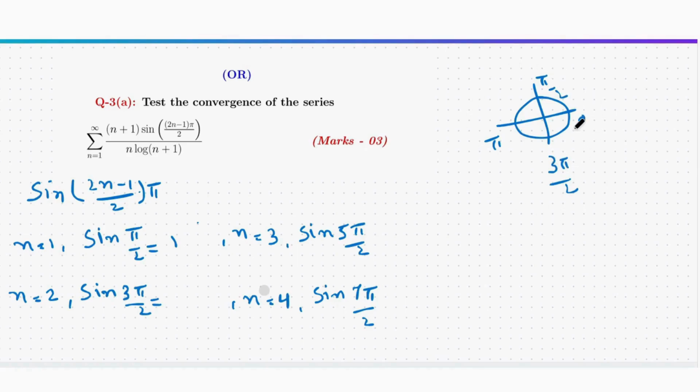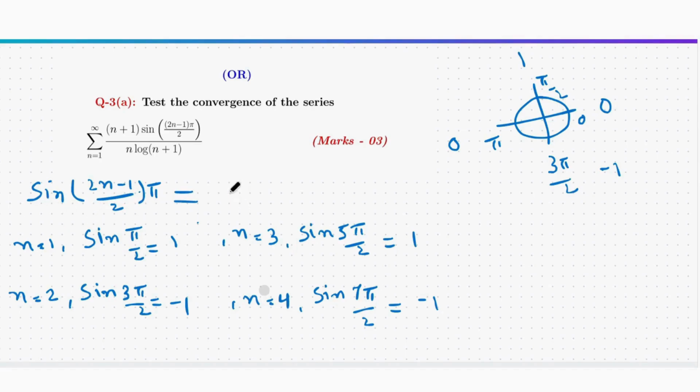Now sine 0 is 0, sine pi by 2 is 1, sine pi is 0, sine 3 pi by 2 is minus 1, and so on. So sine pi by 2 is 1, sine 3 pi by 2 is minus 1, sine 5 pi by 2 is again 1, sine 7 pi by 2 is minus 1, and so on.